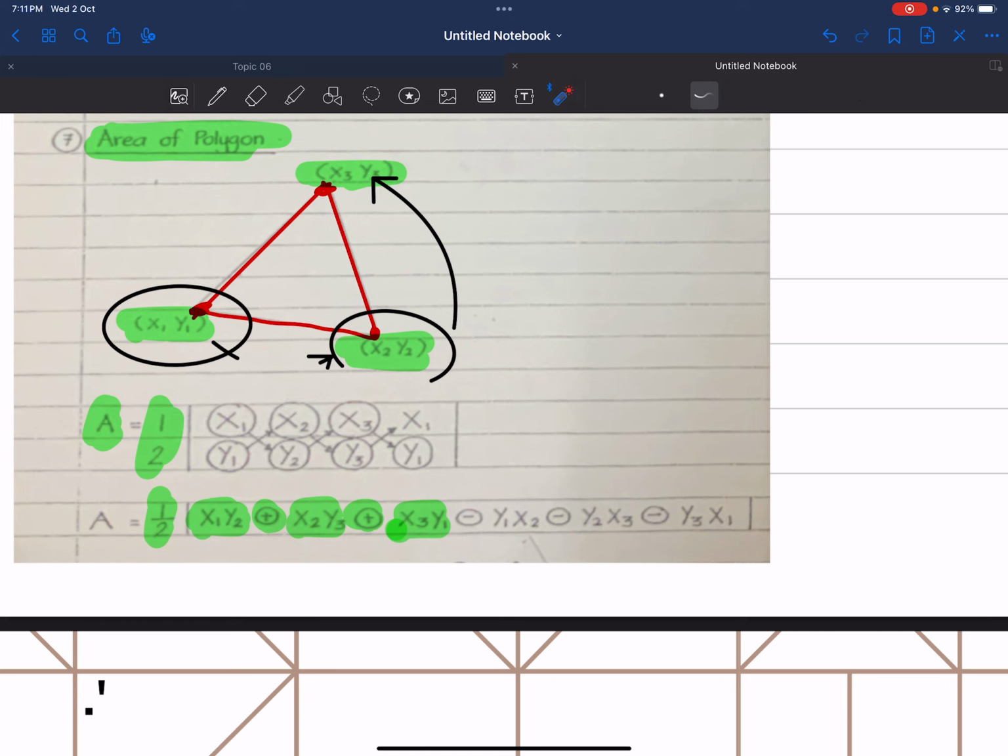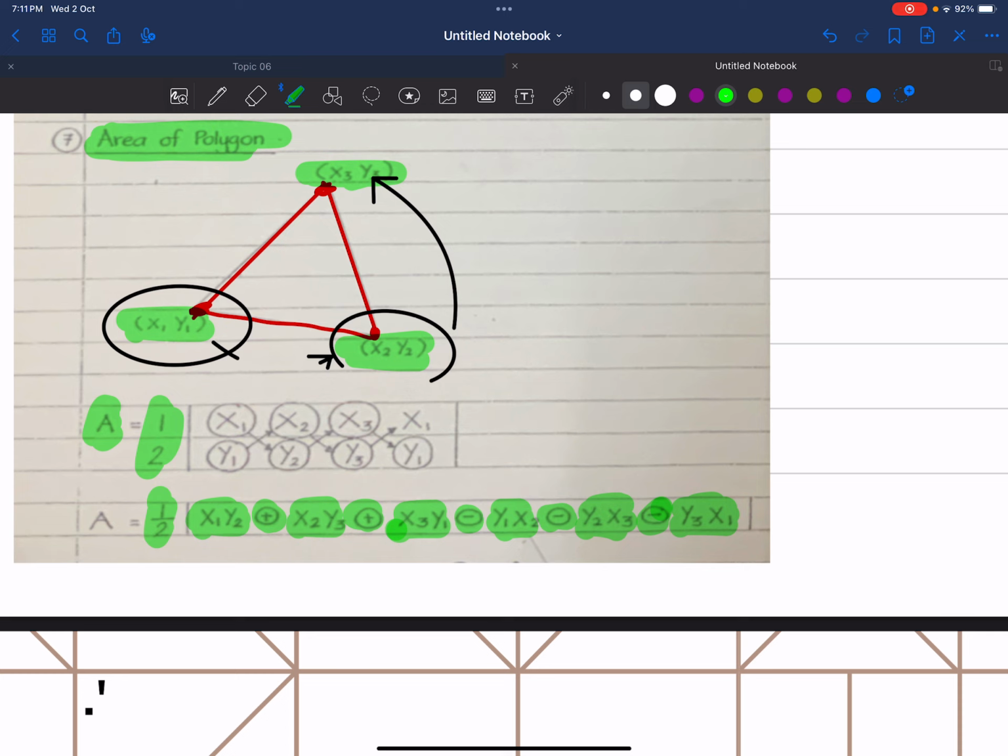It is y1 times x2, which is y1x2. But now going up, it must be minus. So y1 going up to x2, minus. Again minus, the second one, y2x3. Again minus the last one, y3x1.